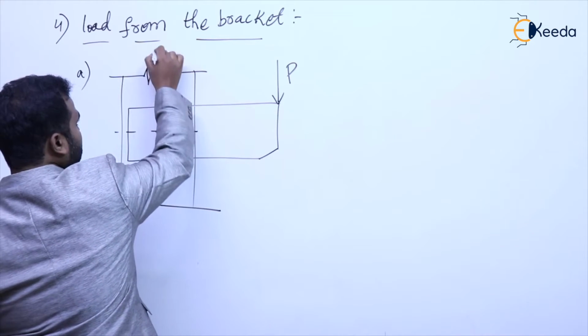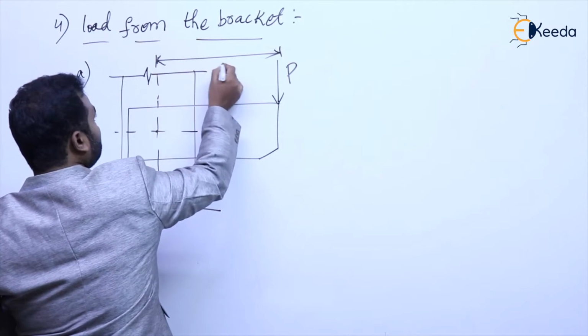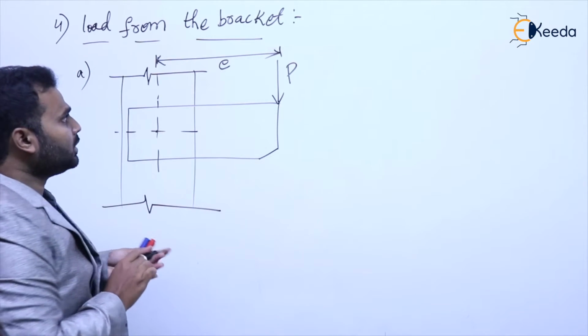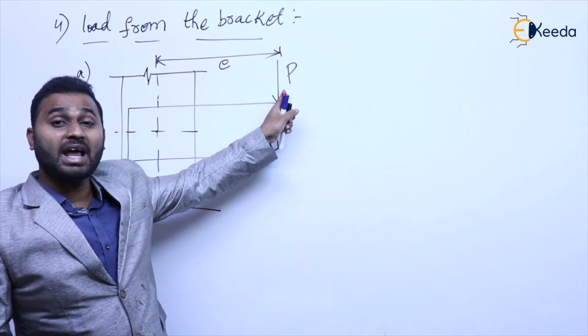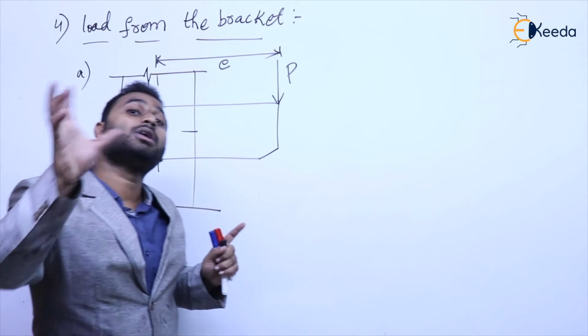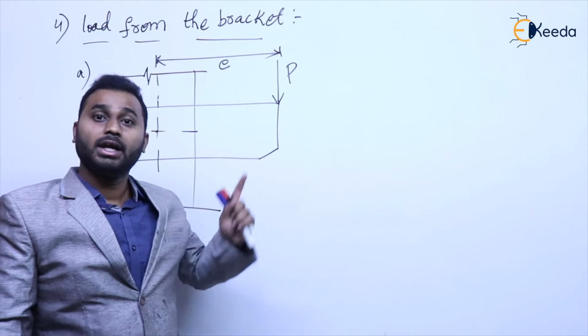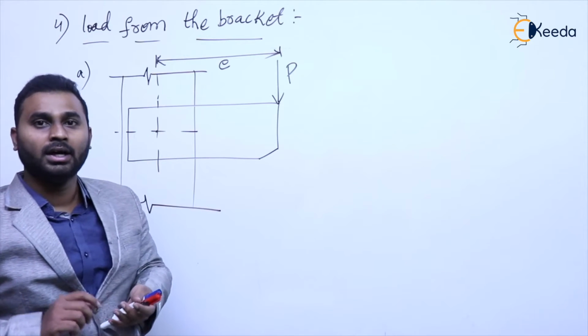Now this is the eccentricity E. This load P will act as an axial load on this flange of a column along with some moment. In that way, the moment is coming onto the column. So these are type 1 eccentric connection.